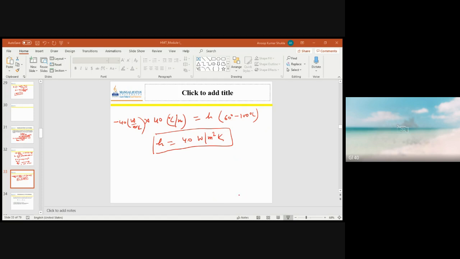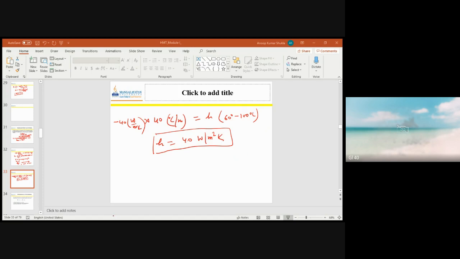Now, what will be the net radiation heat exchange between the real surface and its surrounding? This amount of heat is radiated by the real surface, and the surrounding temperature is T infinity.